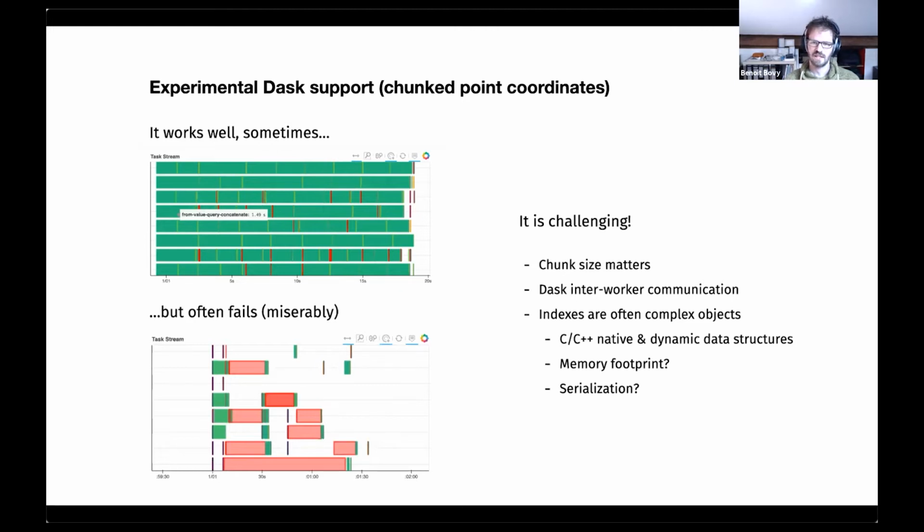It might be an issue with Dask, and it might be hard to serialize, which means that if we want to move an index from one worker to another, it means rebuilding the index, which is not ideal. So yeah, I guess that's it.